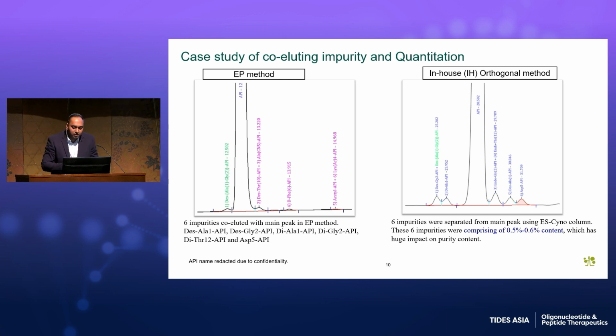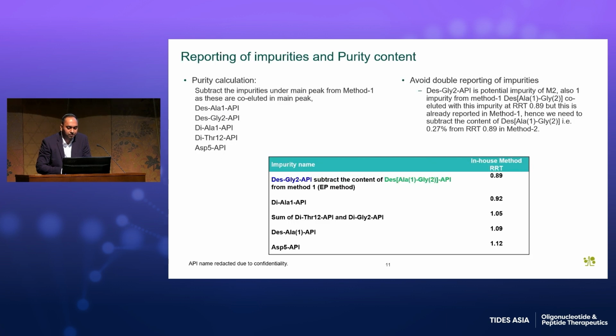So we have separated the 6 impurities using the orthogonal method with a different column, and the 6 impurities comprised 0.5 to 0.6% even with the EP method, which has a huge impact on purity and total impurity. So if you take the purity calculation, if we are claiming the purity with the EP method, we need to subtract all these 6 impurities from the main peak.